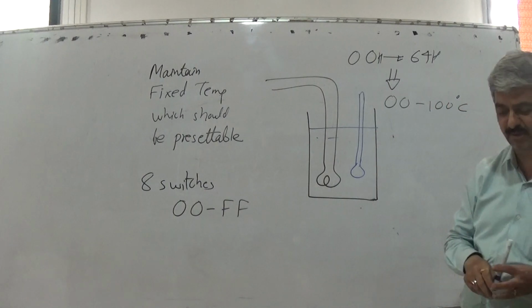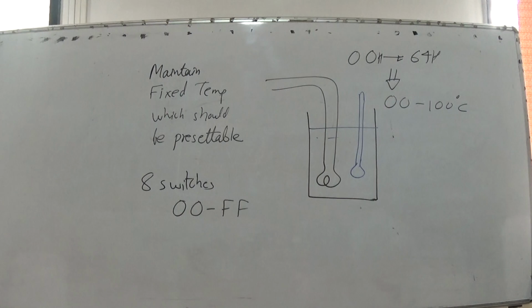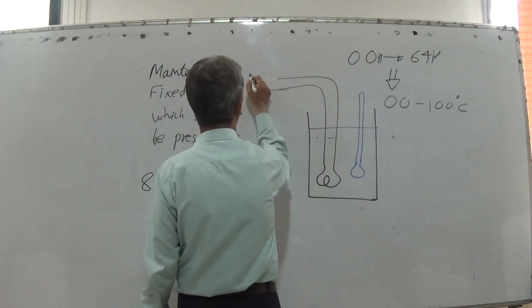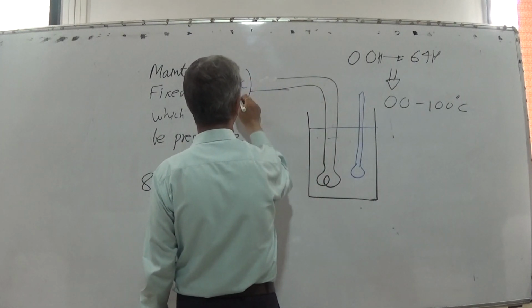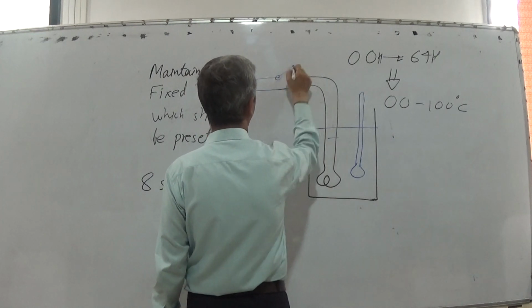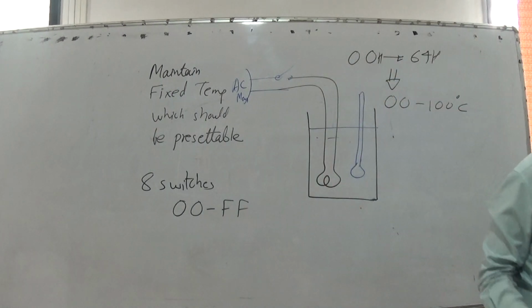When you bring a thermometer and you say that I want 60 degrees, and you have put this to the AC mains supply and you have got a switch. So initially the room temperature is 30 degrees.